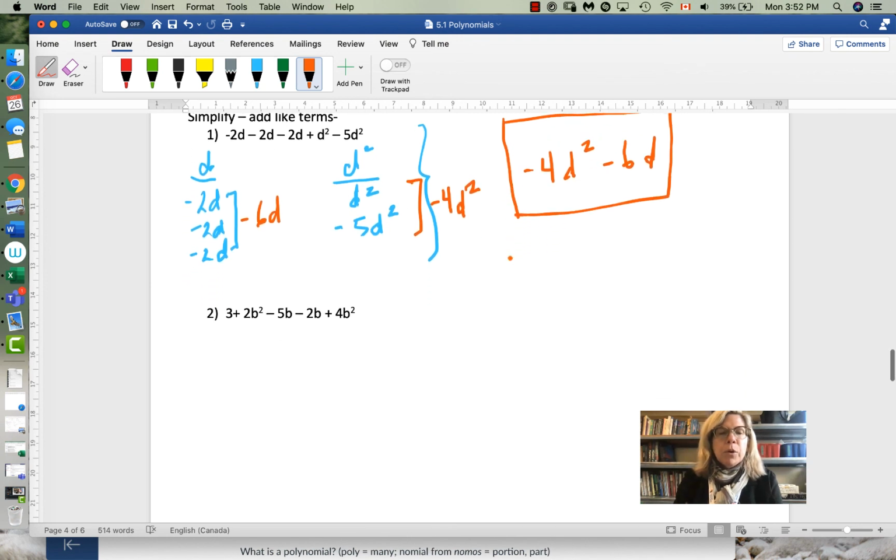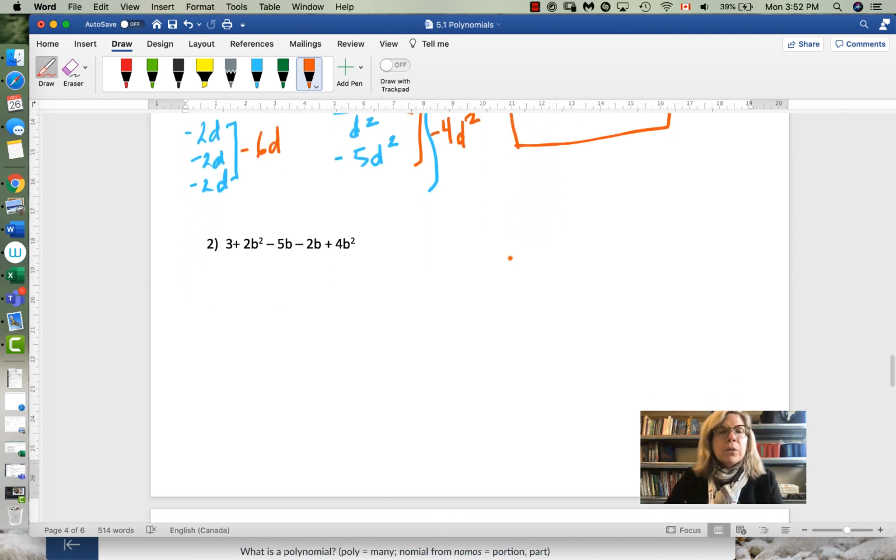So let's do one more example. So 3 plus 2b squared. Well, let's sort out the constants. So that's 3 because that's a constant. And b squared, well, there's 2b squared in there. And there's a b, so that's minus 5b minus 2b. And now there's 4b squared, so there's 4b squared here.